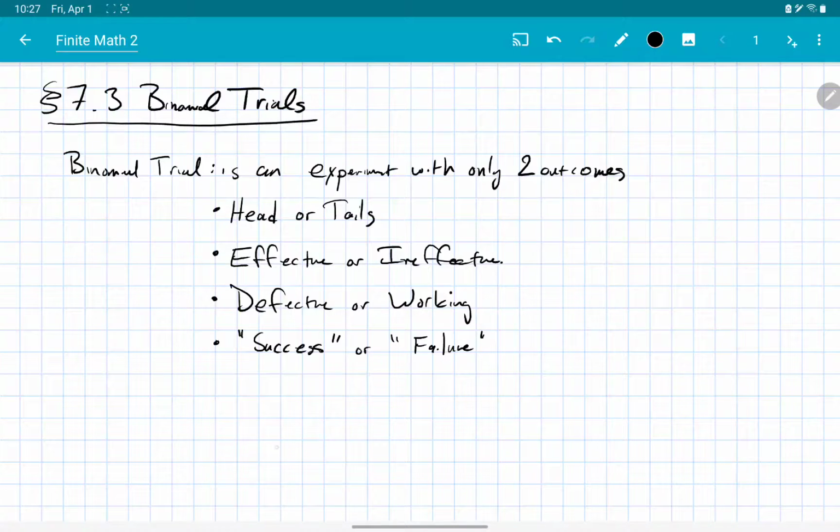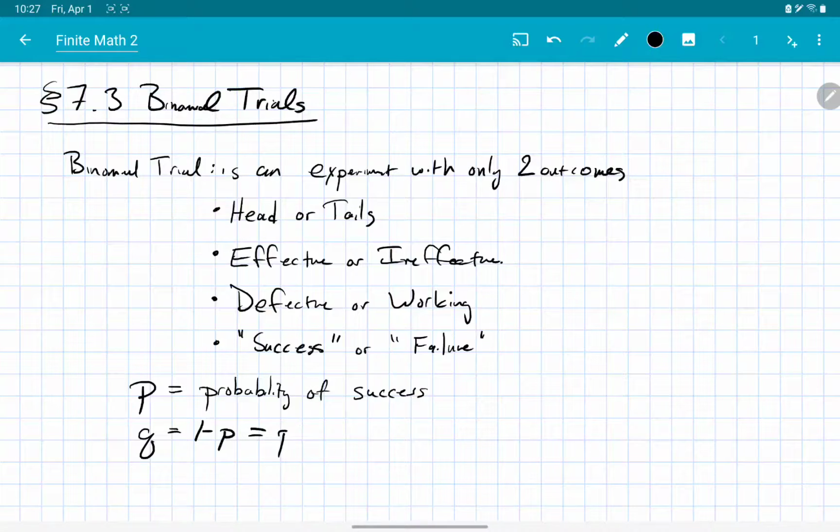Okay, so when we have a binomial trial, P, the letter P, lowercase, will stand for the probability of success. And then Q, which is 1 minus P, because there's only two possible outcomes, is the probability of failure.